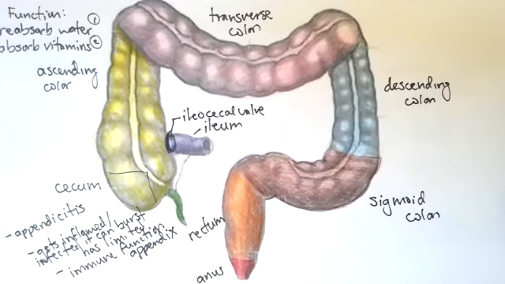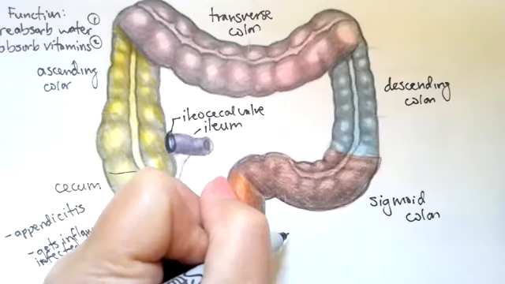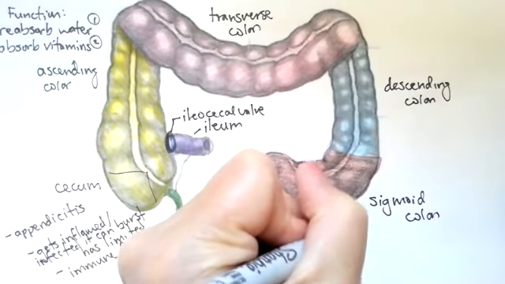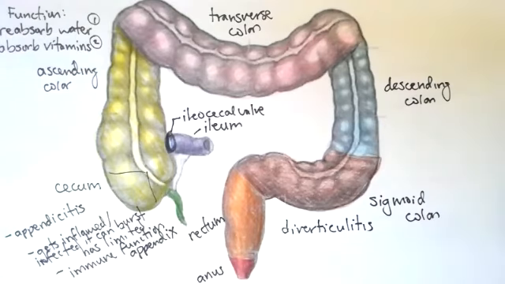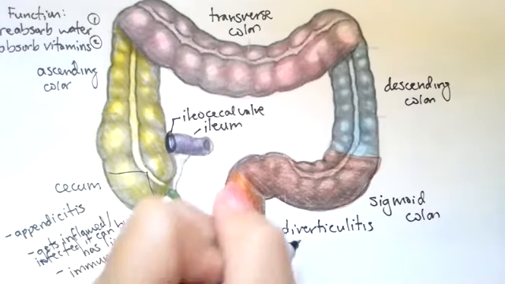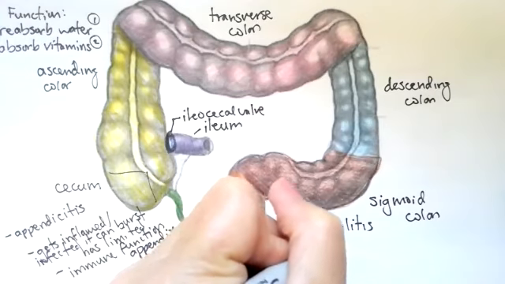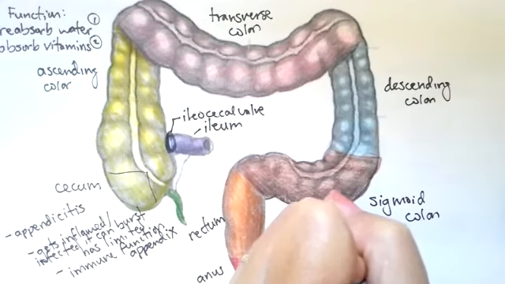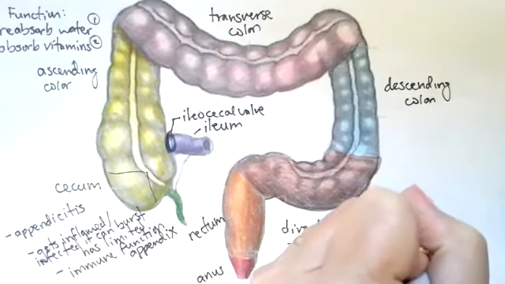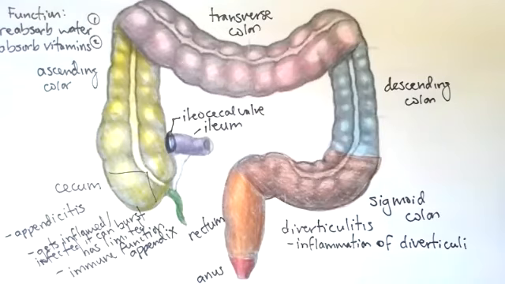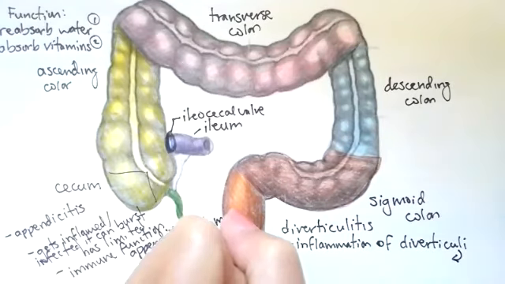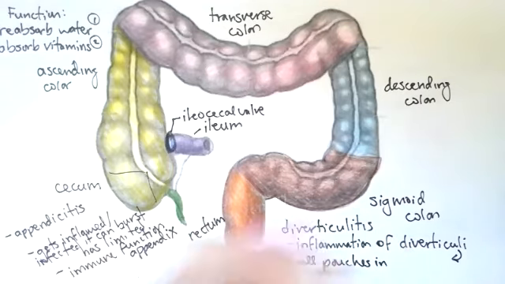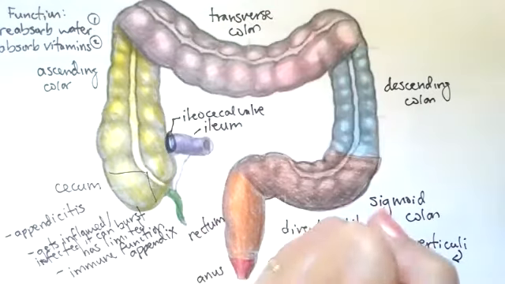So the other one is diverticulitis. You guys know itis is inflammation, so diverticulitis is inflammation of the diverticuli. Diverticuli are small pouches in the colon, in the descending and sigmoid colon.